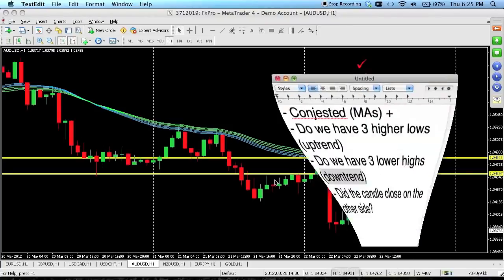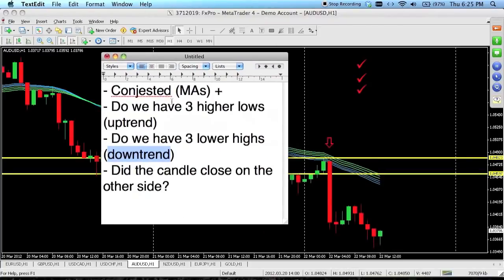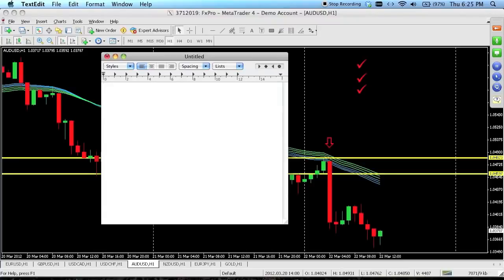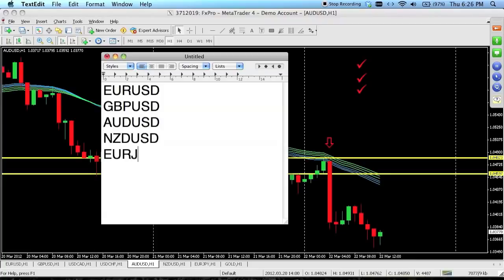Now, guys, write this down. I'm going to put this up for you. Euro USD, pound dollar, Australian dollar US dollar, New Zealand dollar US dollar, euro yen, sometimes even gold.